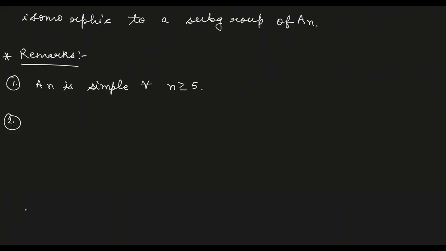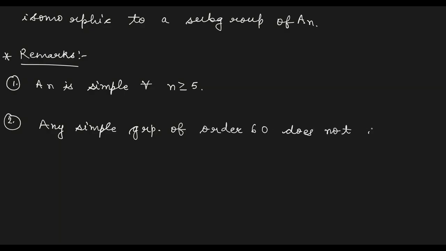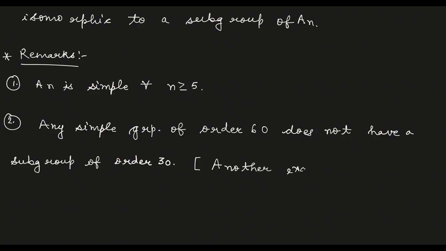Next, any simple group of order 60 does not have a subgroup of order 30. Another example of the converse of Lagrange's theorem.